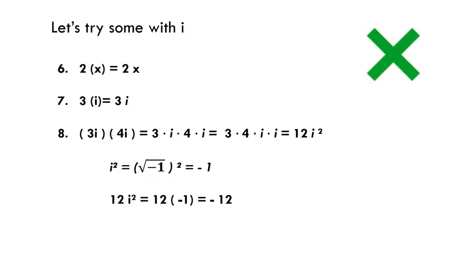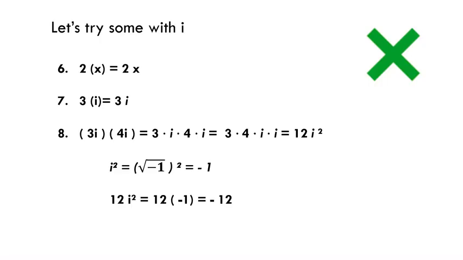Remember, let's try some things. We're going to try multiplication. Remember, what's 2 times x? 2x. Even if you change the x to a different variable, the process is still the same. What's 3 times i? 3i. Now what we have here is 3i times 4i.